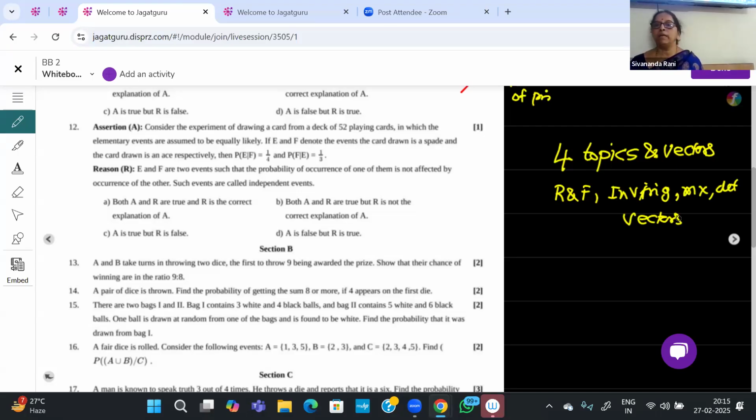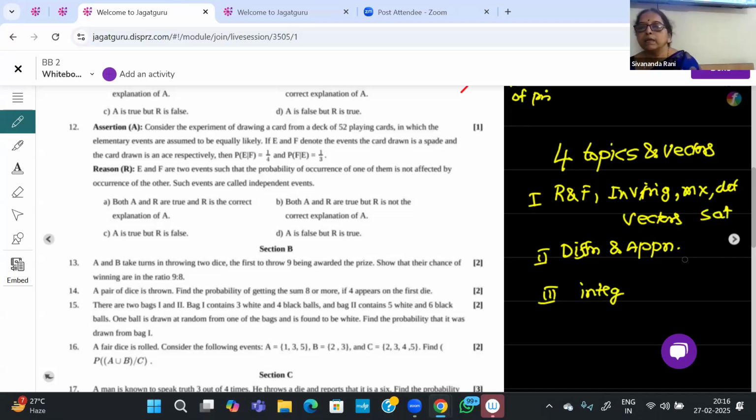And then in the next set of revision, we can have whole of differentiation and application. That can be one particular unit. Then we can have the whole of integration. This on Saturday, and we can have this on Sunday.